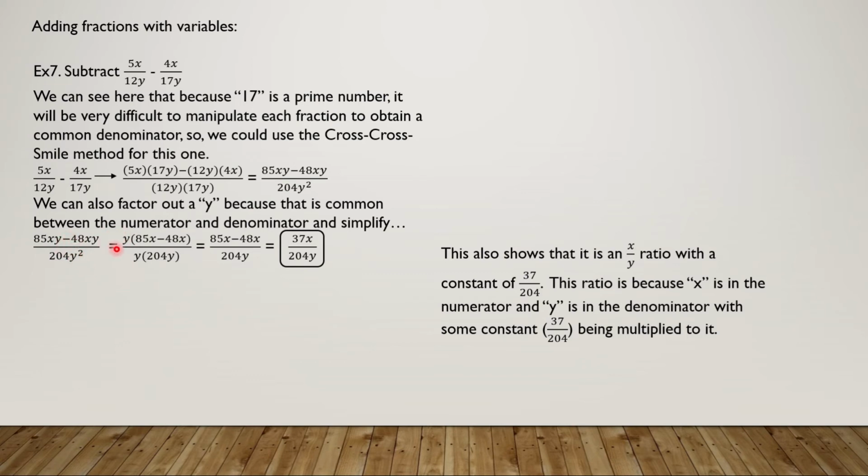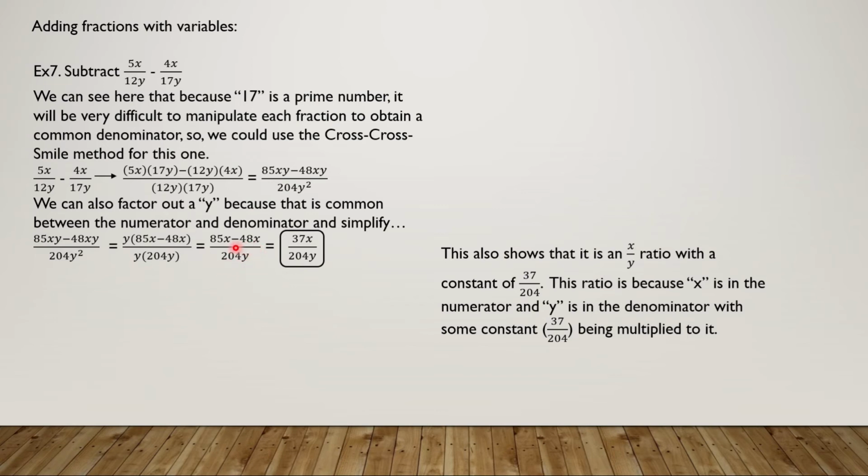What we can do is take that y out and be left with 85x minus 48x, and we can also take that y factor out from y squared because this is saying that we have two y values being multiplied together. We can take one of those y values being multiplied and move it out front just to show how it would be able to simplify. Now we have two y's that can cancel, and when we cancel them, we get 85x minus 48x over 204y.